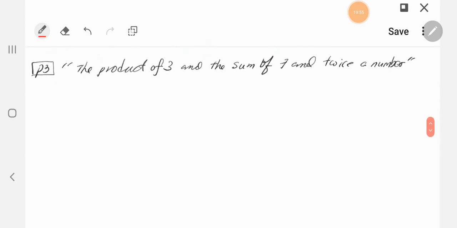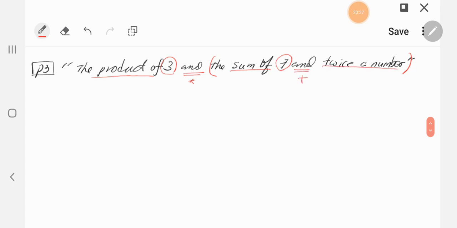Okay, problem 3. Pause this now and then try. All right, the product of means multiply. So multiply the first expression and, with this "and" replaced by product, the second expression. The second expression is the sum of. Sum of is an addition. We must have A and B. So the first part is 7, and this "and" is replaced by the sum.